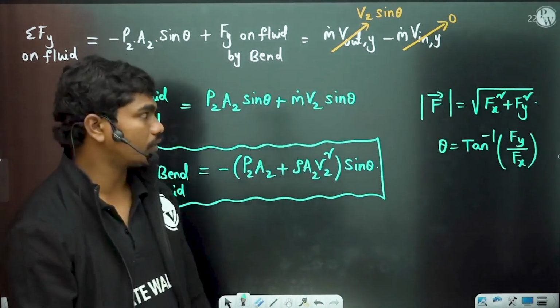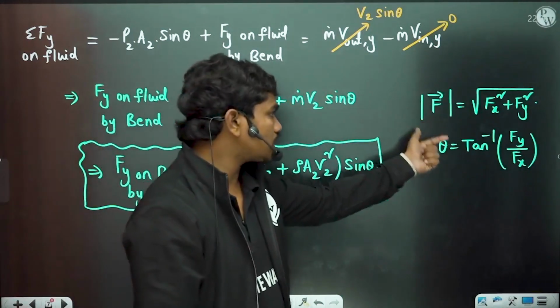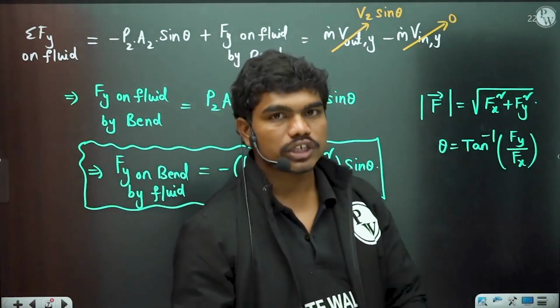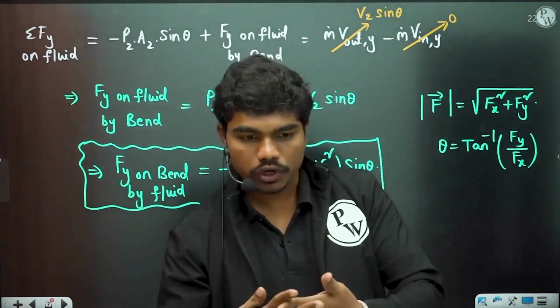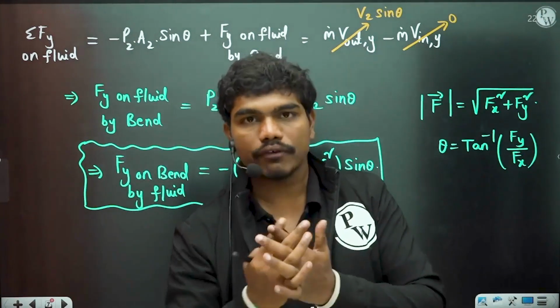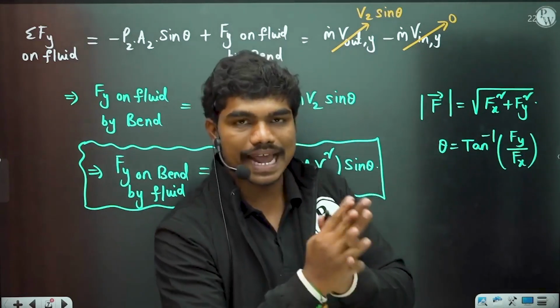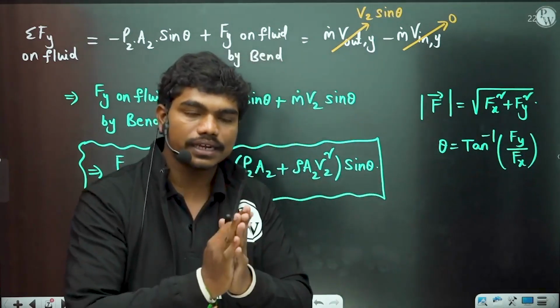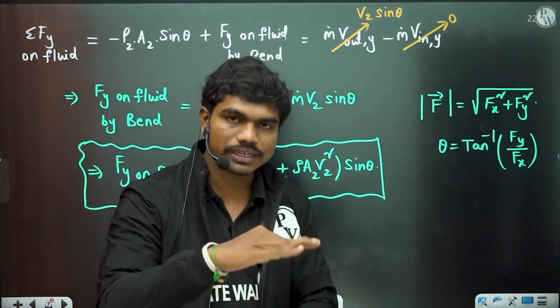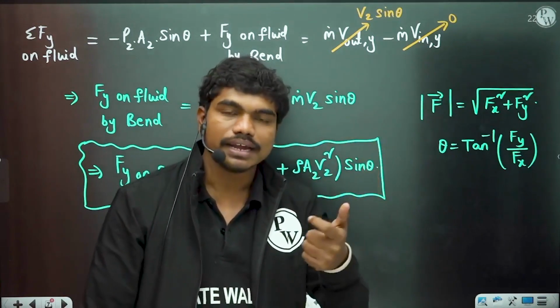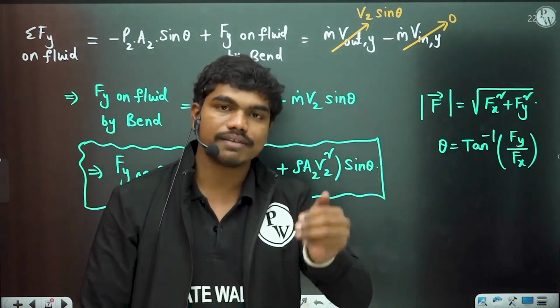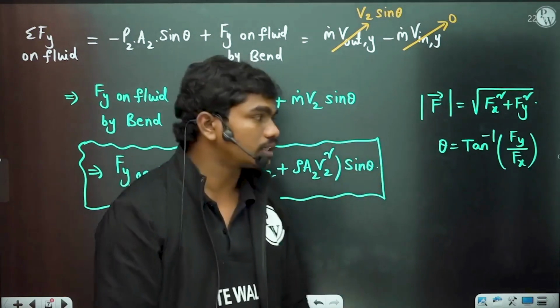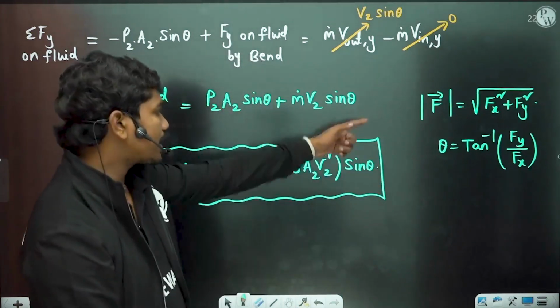That's how we get the magnitude of the force and also the theta value, because normally you want to know the direction of the force. If the force makes an angle theta with the horizontal, then tan theta is nothing but Fy divided by Fx, so theta is tan inverse of Fy by Fx. That's how you have the theta component and the magnitude of F.